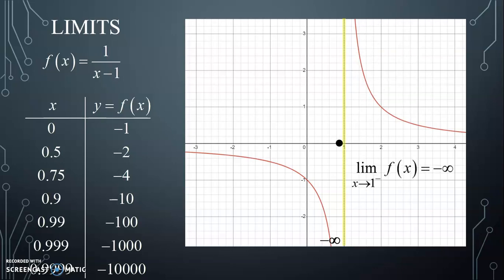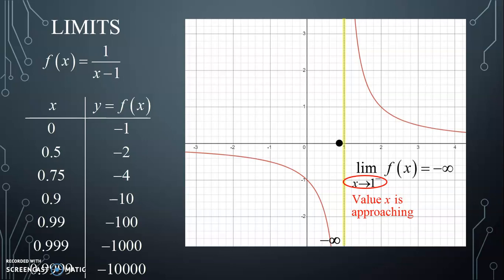Now that is denoted by taking lim, for limit, of f of x, because f of x is the function that we're finding the limit of at x equals 1. And then we need to indicate the value that x is approaching.